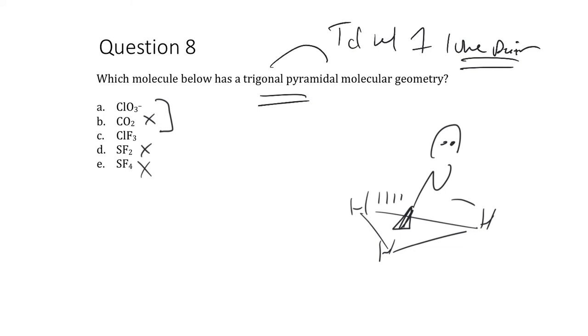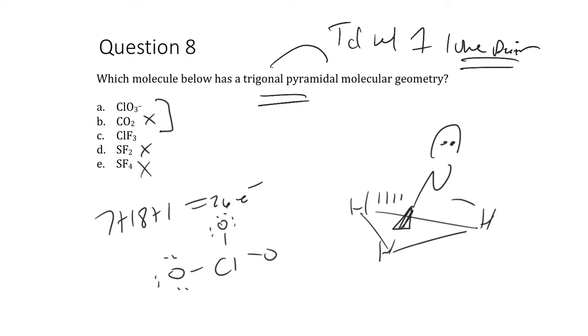So let's look at ClO3 first. So that would be 7 plus 18 plus 1, 26 electrons. This seems perfect because I have the three O's using 24 electrons, and then I get that lone pair I need to kick into this geometry. So ClO3 is perfect for the trigonal pyramidal geometry.